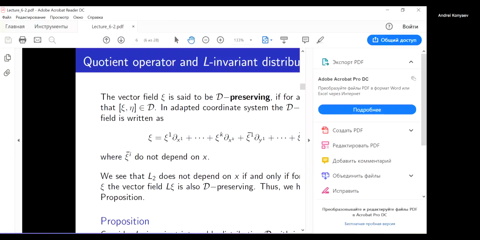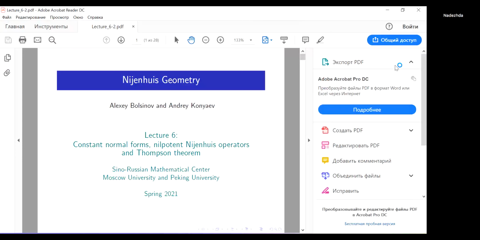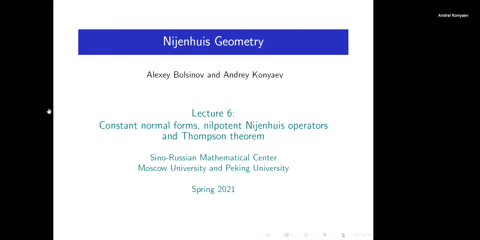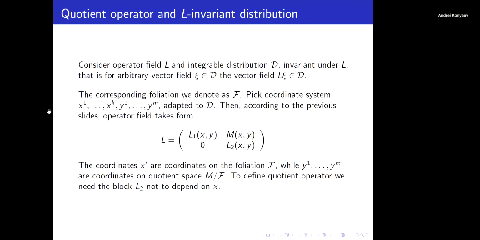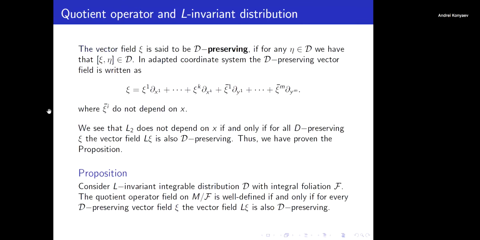No. Okay. Do you see the presentation now? Yes. Okay. Let me try again. Do you see the presentation now? Is everything fine? Yes. Okay. Finally, let's go back. We are losing a lot of time with this technical difficulty. Too much time.